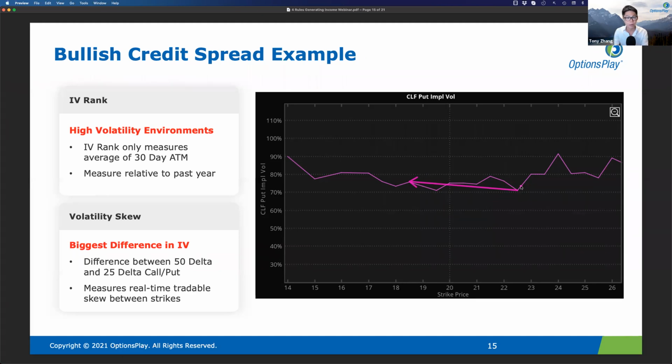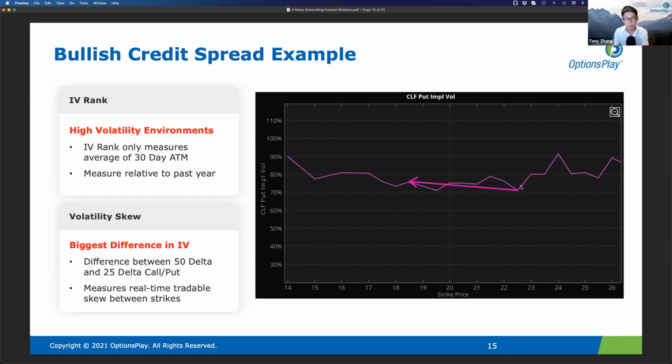This edge that I just found from the 23-19 put spread doesn't exist if you moved it half a strike down to the 22.5, 18.5 strike price, because the implied volatility skew is actually flipped in this particular case. So it's far more nuanced in terms of finding these opportunities. Higher or low implied volatility rank is not going to help you find these. You really have to look at volatility skew.